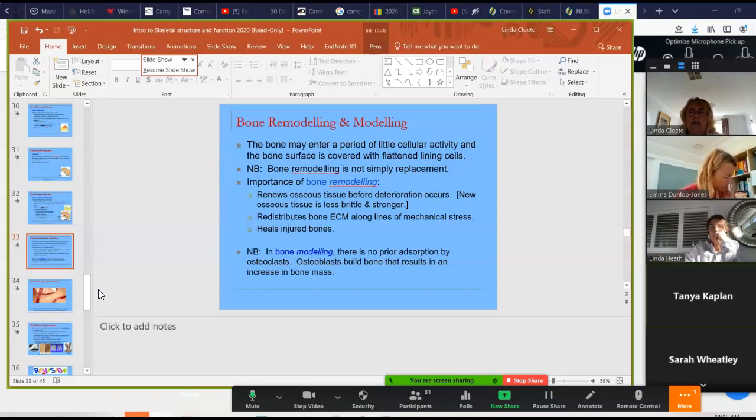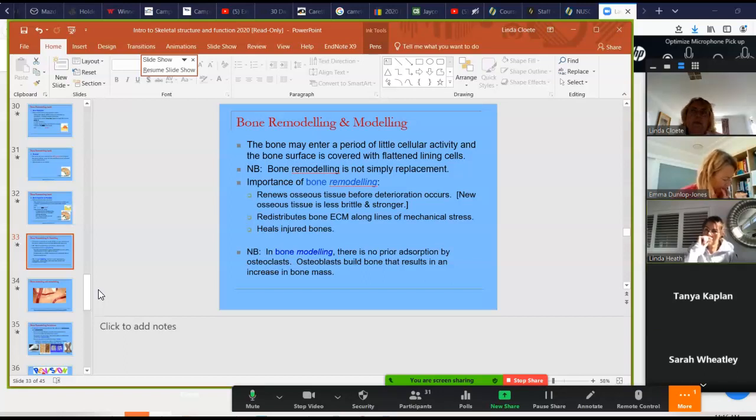You see that with hockey players, and not so much golf but even then. So whenever you are using a bone more than you would have used it before, that bone starts to become modeled. In other words, it gets bigger to take the strain that is required.